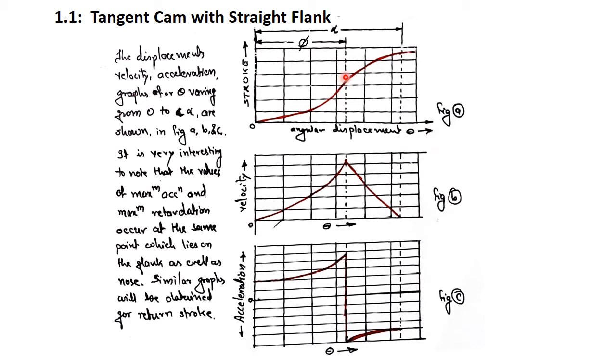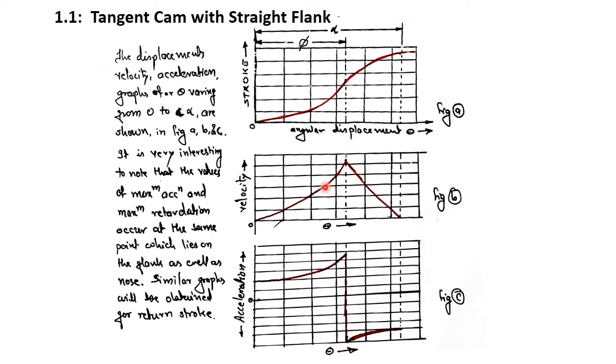And the displacement on the nose is quite decelerating. That is, we can say that the velocity is not increasing here. Here velocity has increased and it slowly turns down. So this is the curve of the displacement during follower motion on the surface of flank, and this is the curve traced by the follower on the surface of nose.